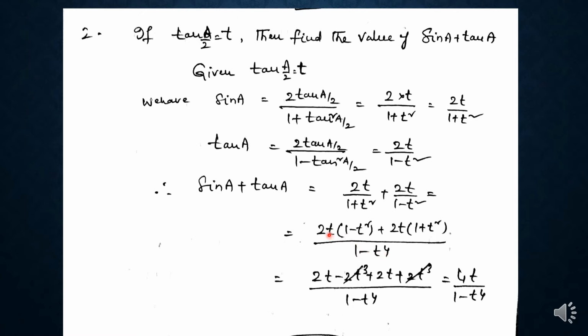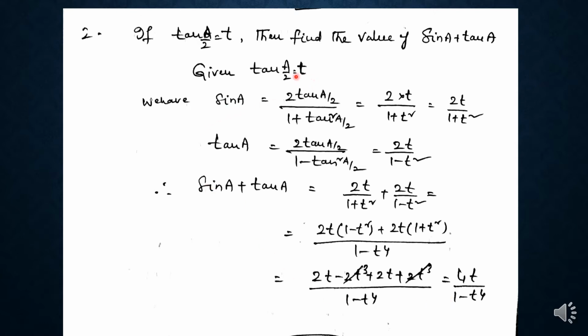In the numerator, we will get 2t into 1 minus t square plus 2t into 1 plus t square. By simplifying this, we will get 2t into 1, 2t, minus 2t into t square, 2t cube, plus 2t into 1, 2t, plus 2t into t square, 2t cube, by 1 minus t to the power of 4. That is equal to 2t plus 2t, that is 4t, by 1 minus t to the power of 4.